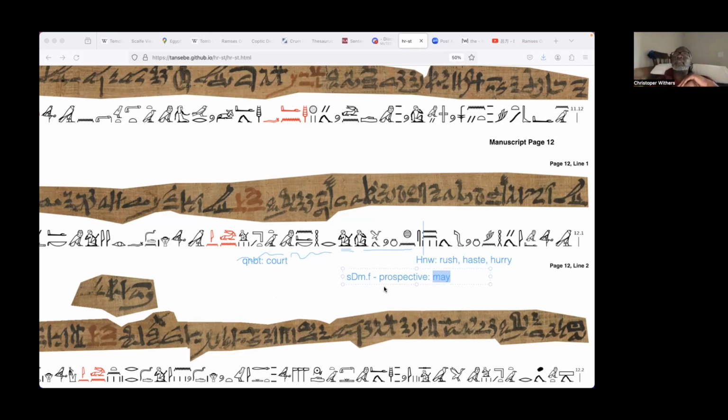Yeah, absolutely. That's very much like Middle Egyptian in this case, because when you have the naked ZMF in Middle Egyptian, it's very often like he may give, he may hear, he may say. That kind of thing. And that's what it is here.